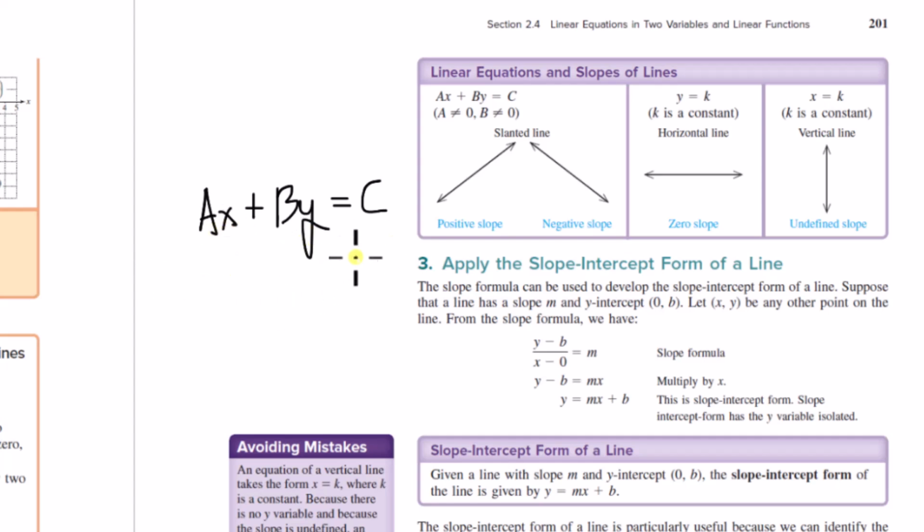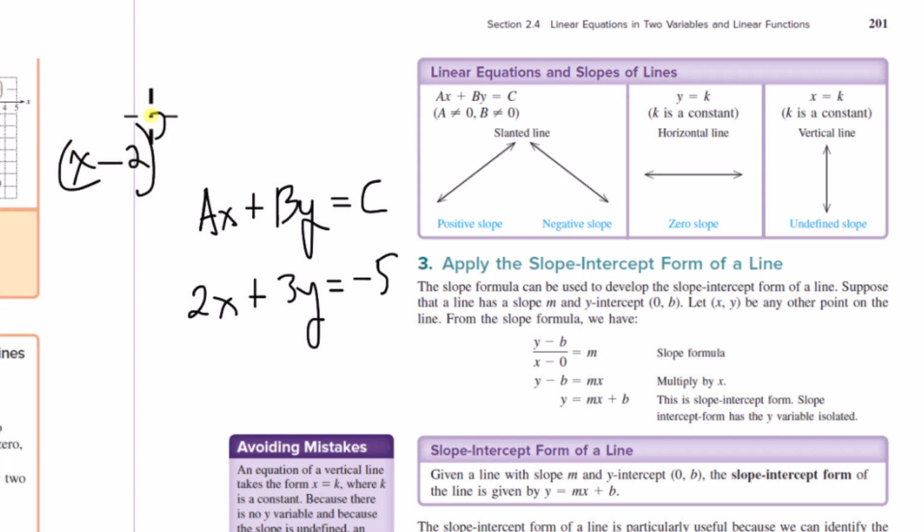But you can't look at this and read off any specific features of the line, similar to the way that we were able to do with the standard form of the equation of a circle.